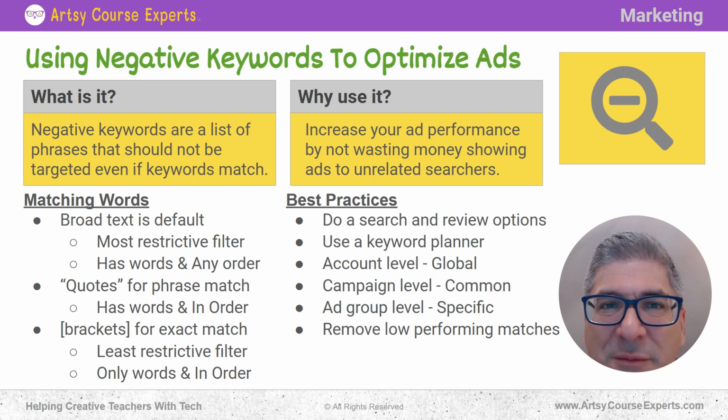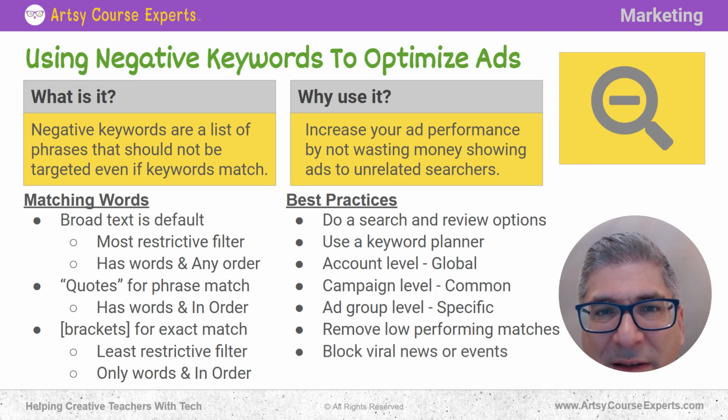Now, every once in a while, there's something that goes viral. It could be a news thing or an event, maybe it's seasonal. Maybe there's some parts of their words that happen to overlap with your business. There's a keyword, maybe it's the name of your business or the name of your service. For whatever reason, it has parts of your words, but it's totally not what you do. If it's going viral, there's a lot of people searching, a lot of people clicking on things.